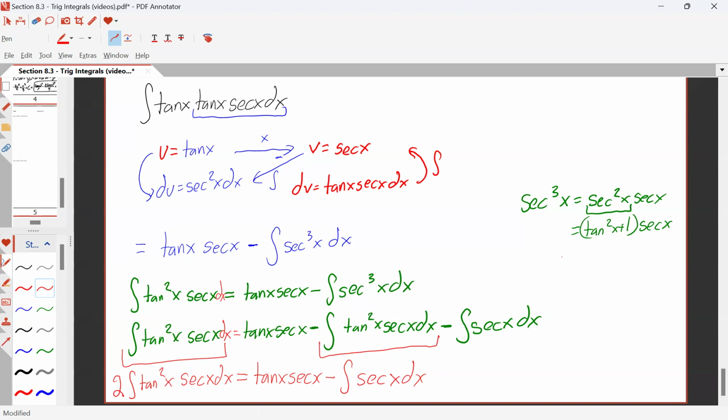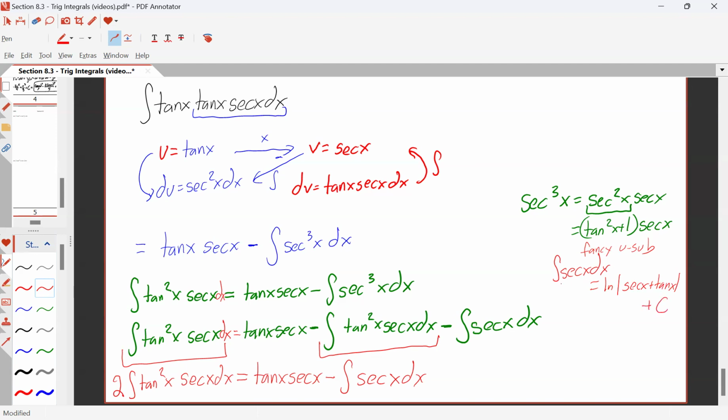One formula that is given, and it's done with a fancy u sub, is that the integral of secant x dx is the natural log of the absolute value of secant x plus tangent x plus c.